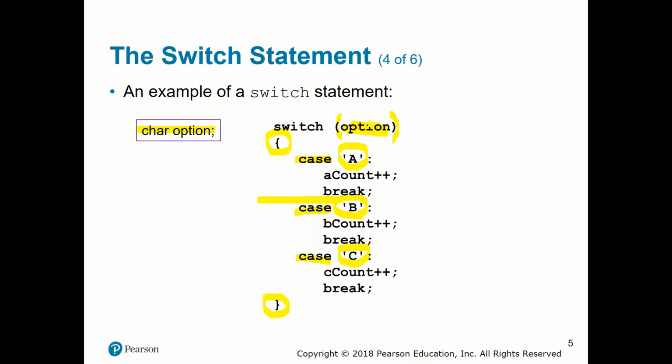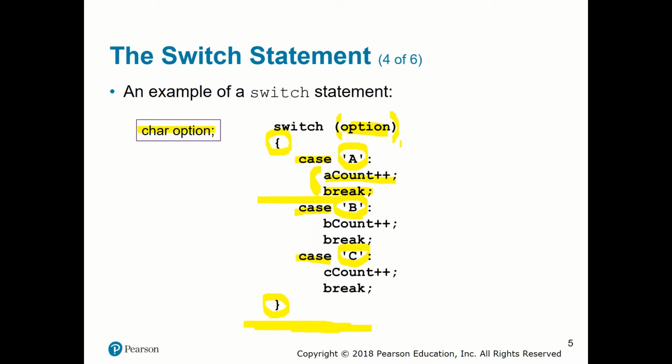So if option is A, then this part will be executed. If option is A, then the variable A count will be increased by 1. And here is break. Break means go out of this switch statement. So if the break is here, then the program control goes here.